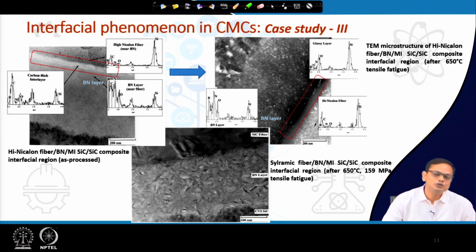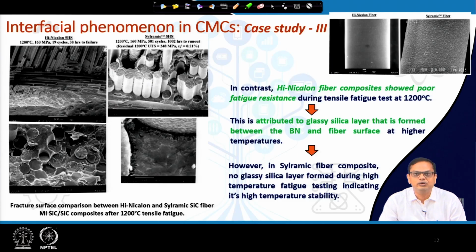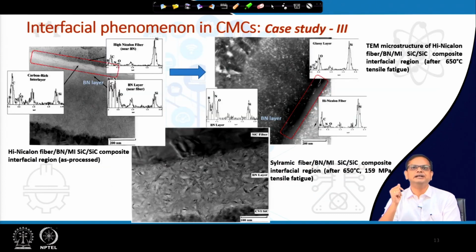Because of this glassy silica layer formation, we have seen that the fatigue resistance goes down in the case of nickelon. So, though nickelon shows better strain to fracture or better fracture toughness, its fatigue resistance at higher temperature is poor compared with the ceramic fiber.